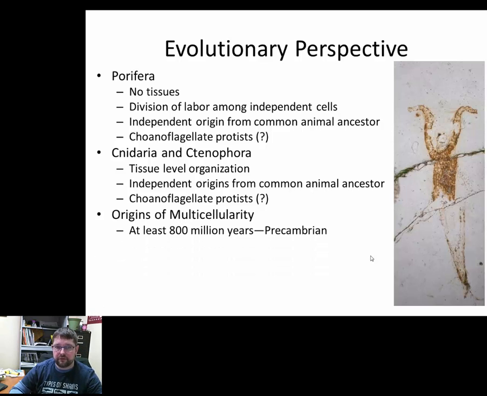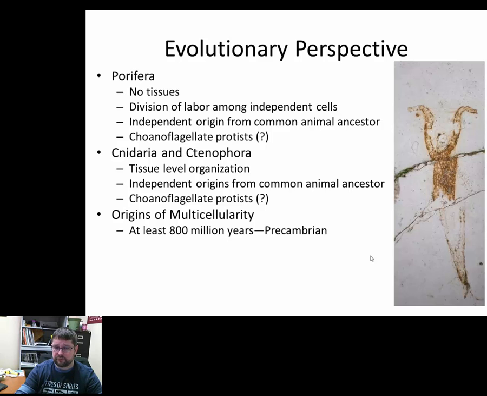So we're pretty confident that the origin of multicellularity is at least 800 million years old. Now, recent findings suggest that it's quite possible that multicellularity is up to even 1.5 billion years old.